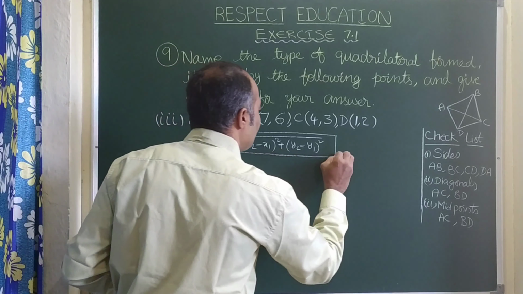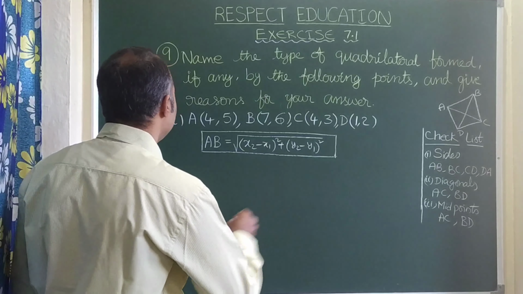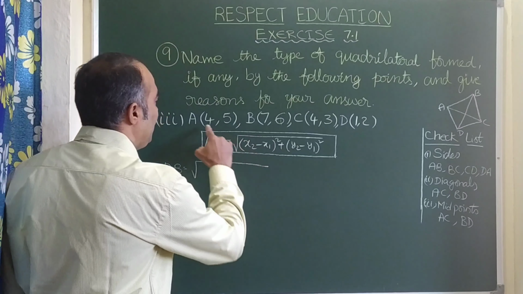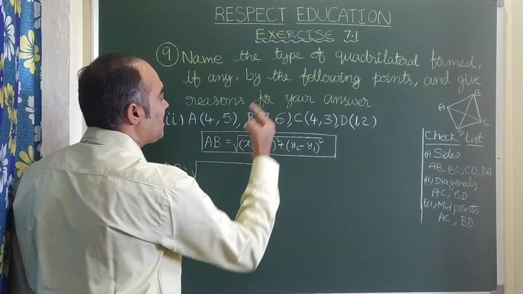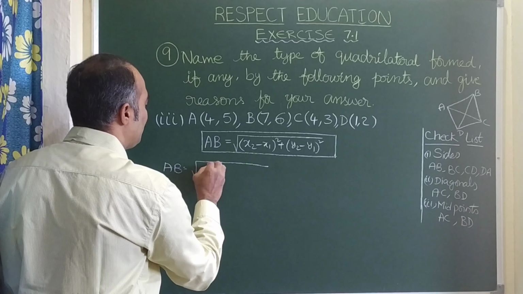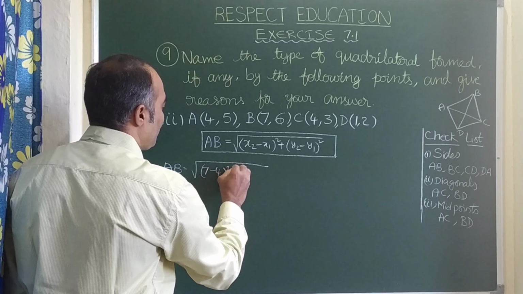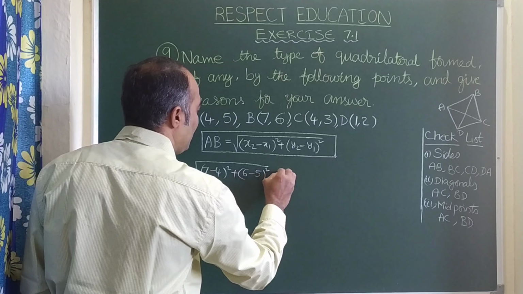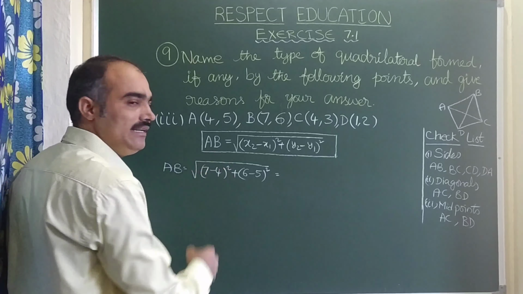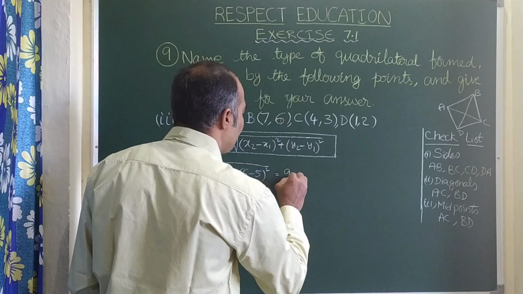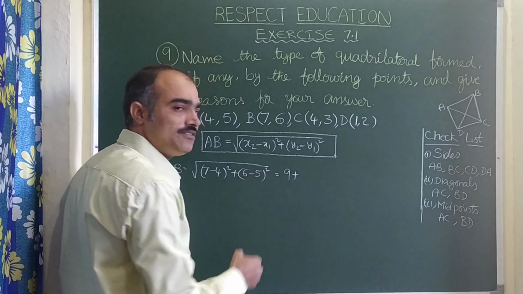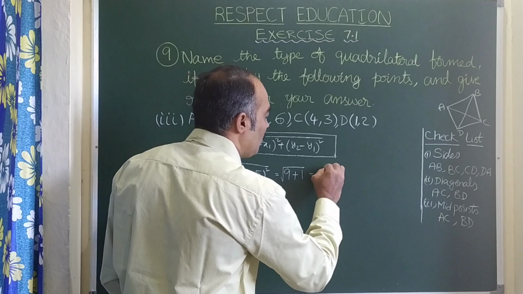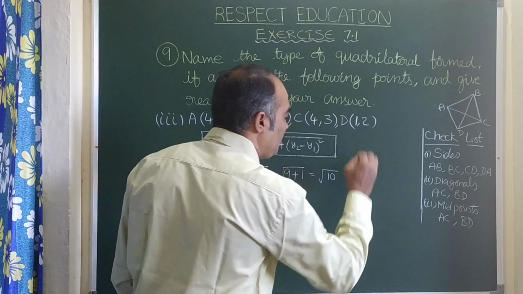Now first we find AB: under root, A (4,5), B (7,6), (7 minus 4) whole square plus (6 minus 5) whole square, right? 7 minus 4 is 3, 3 square is 9, plus 6 minus 5 is 1, 1 square is 1. So 9 plus 1 is 10. So it is root 10 units.